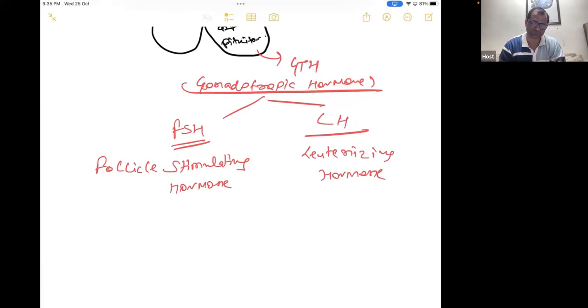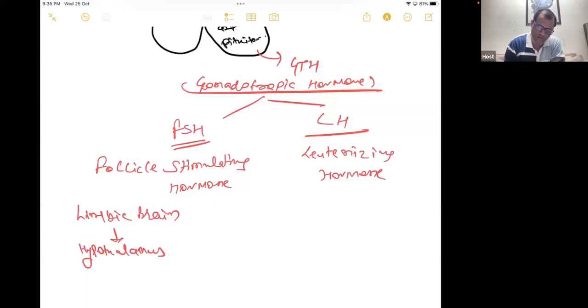Okay. So now, we started our journey from limbic brain. It's working on hypothalamus. हमारा इमोशनल ब्रेन हमारे हाइपोथैलेमस को कंट्रोल कर रहा है.